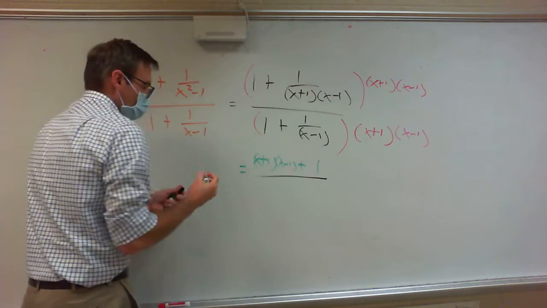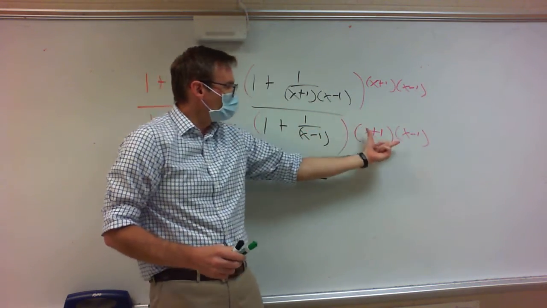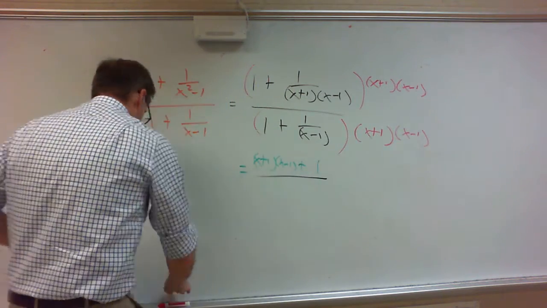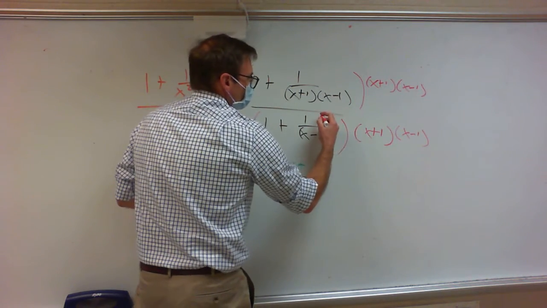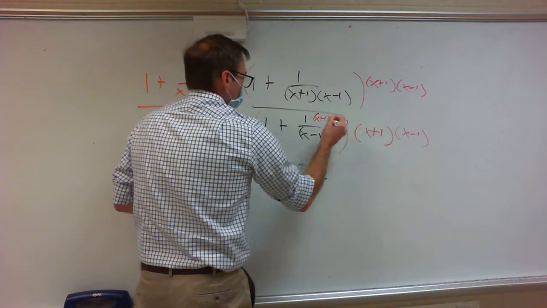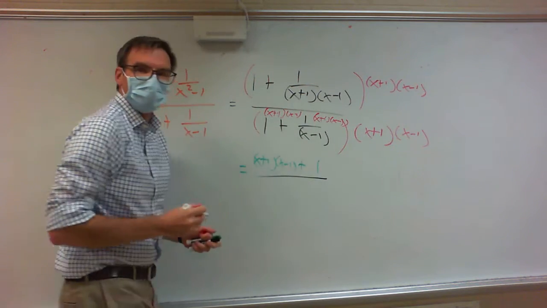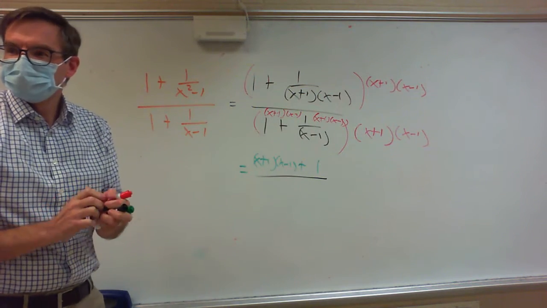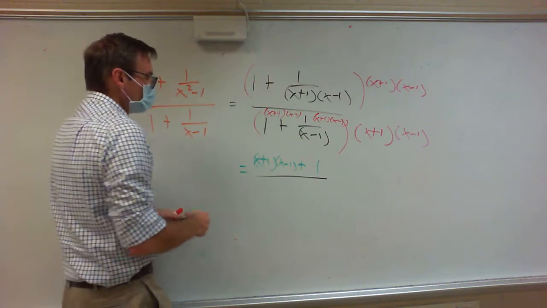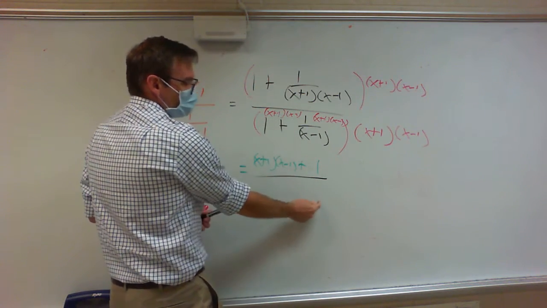Next up, when I multiply, what's left? So imagine this gets distributed, like there's an (x plus 1)(x minus 1), and this is an (x plus 1) times (x minus 1). All right. What's left? So what's going to be left here?